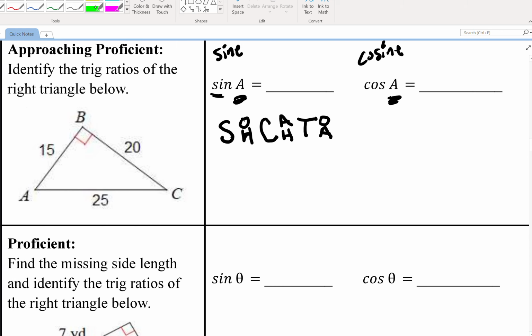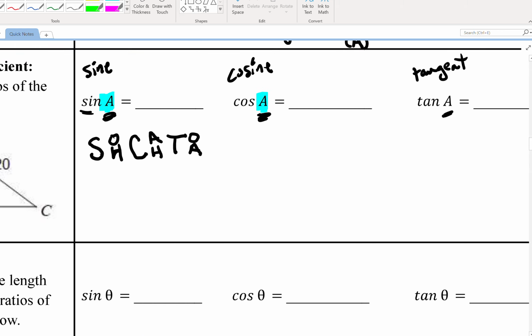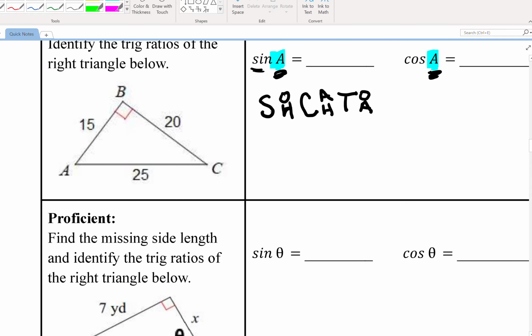Since we're looking at A in each of these cases, the cosine of A, sine of A, and tangent of A, I'm going to label this angle A. A lot of times we use the Greek letter theta, which looks kind of like a zero. Now I can point out the opposite leg.